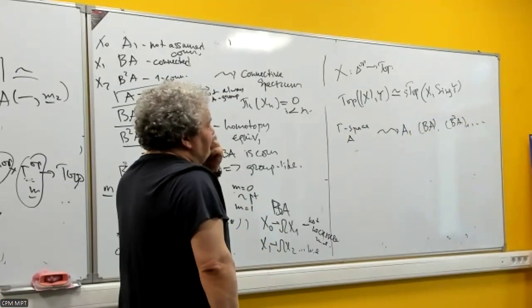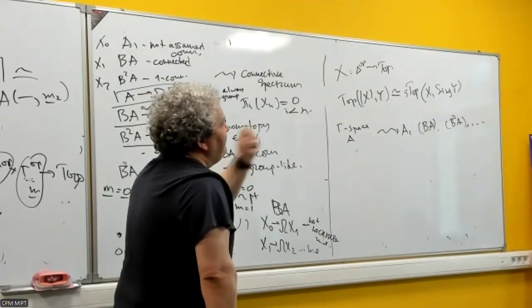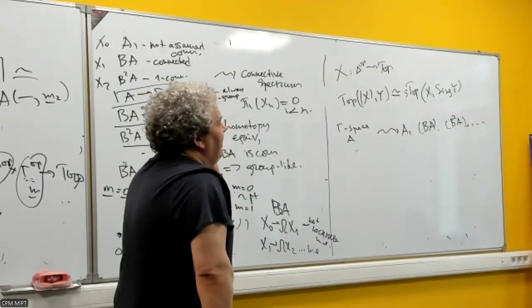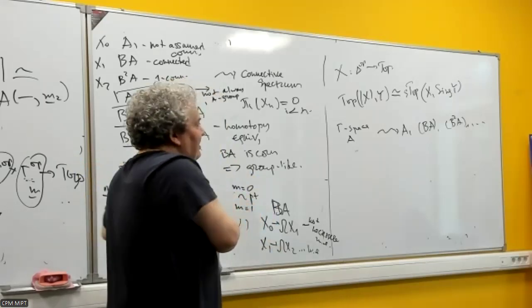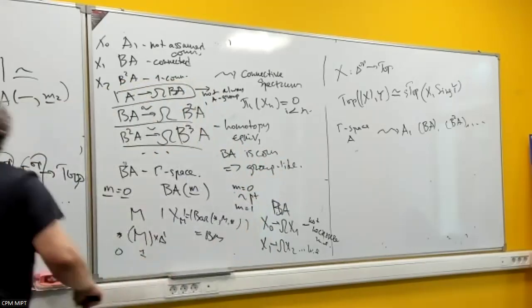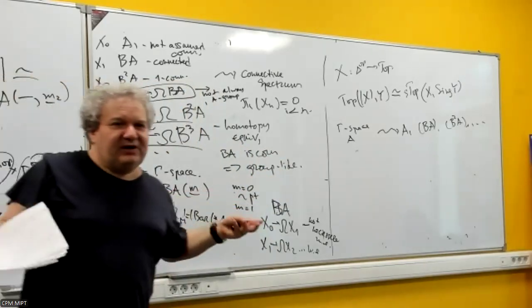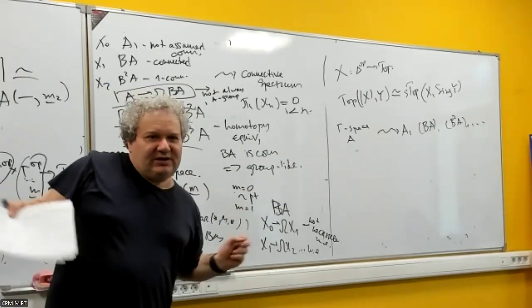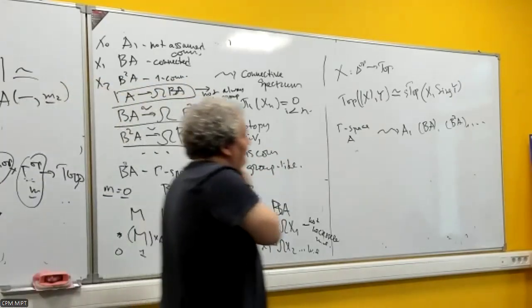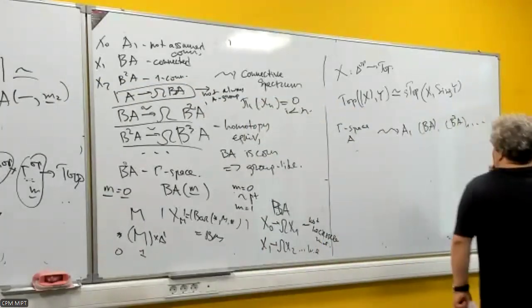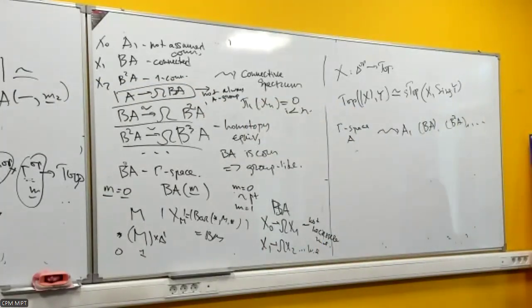Even if A is not special, I cannot apply the technical statement, but I can still apply this iterative procedure, and I get a spectrum without the assumption that A is special. So for any Gamma space I have a spectrum, with better properties if it's special or very special.